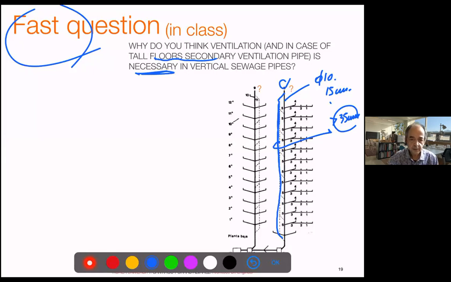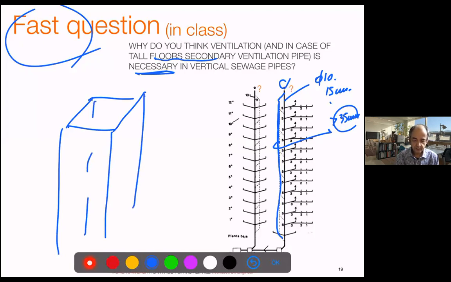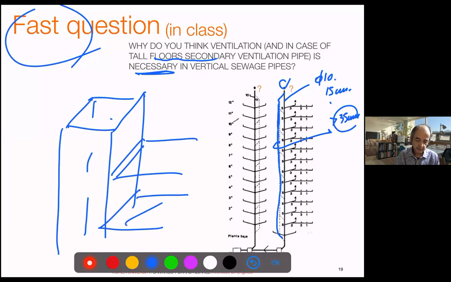There's a question about shaft. Yes, so a shaft is a vertical open space through the building, right? So it's like a vertical, say like a narrow well. That's shaft.